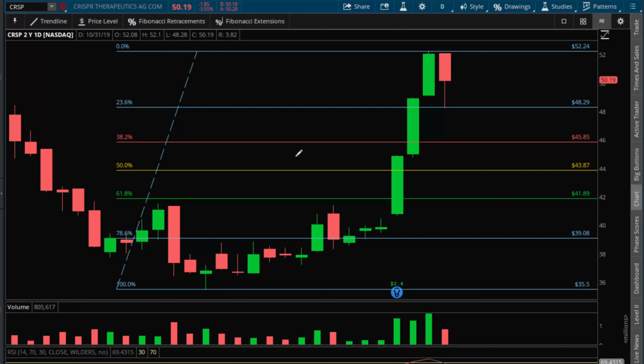The 23.6 and the 38.2, I don't necessarily like to buy on those levels, but they give me a sign the trend pattern is heading bullish. And then I use my other indicators to enter into that trade once the other patterns and things develop.